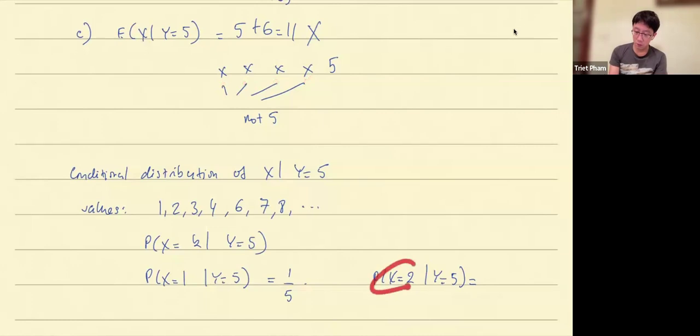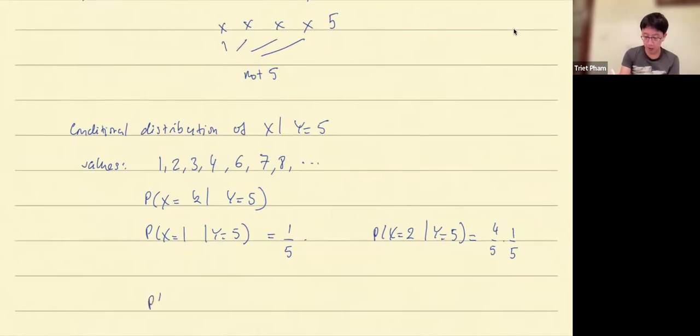So if x equals 2, that means the first toss is not a 6 or a 5, but the second must be a 6. But it's not a 5, so one value is out. So the answer is 4/5 times 1/5. And so on and so forth until the 4th value. Do we understand?